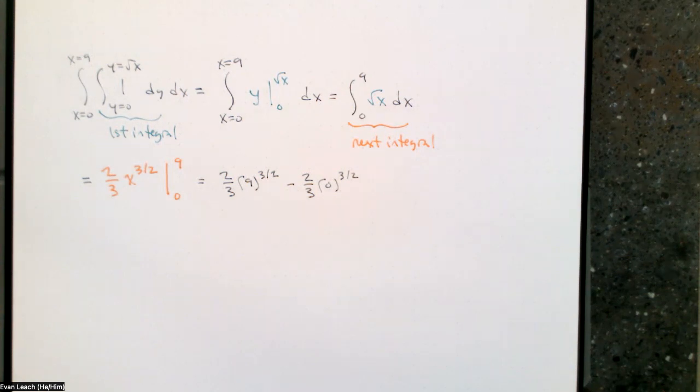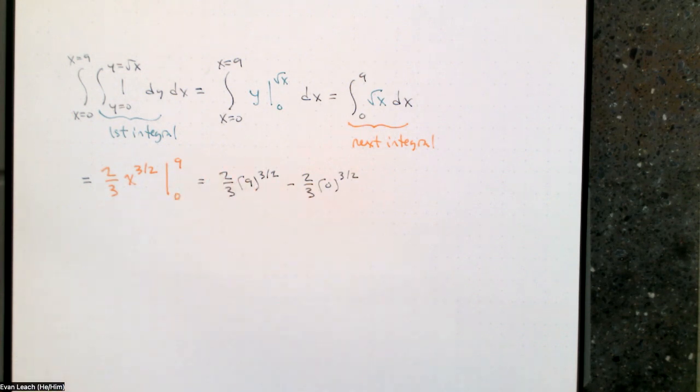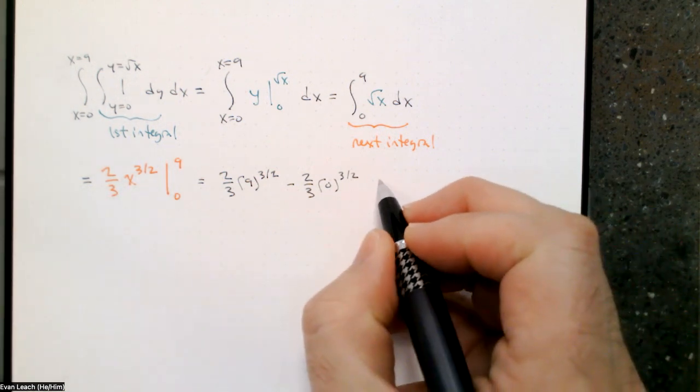Plug in the 9, plug in the 0, and subtract. We have 9 to the 3/2. I don't know what 9 to the 3rd is, so I'll do 9 to the 1/2 is 3. Cubed is 27. Times 2 is 54. Divided by 3 is still 18. So we're good.